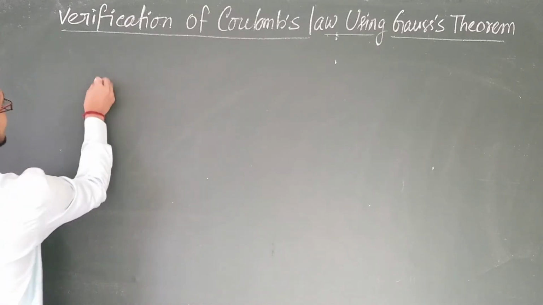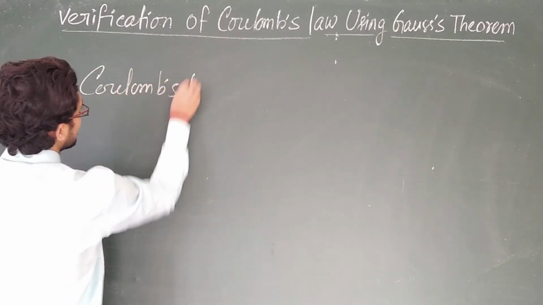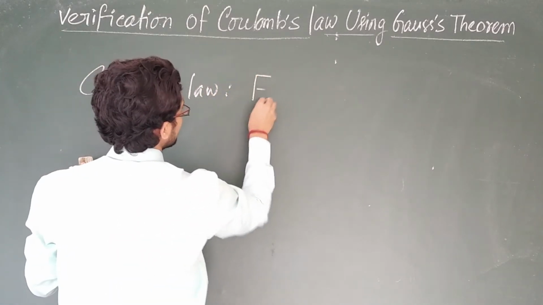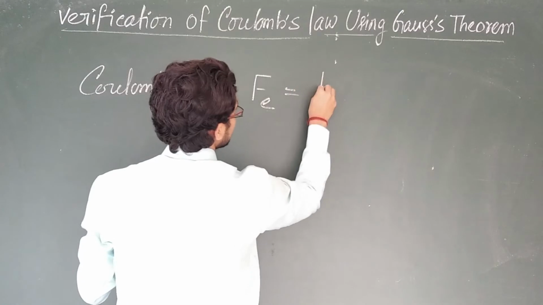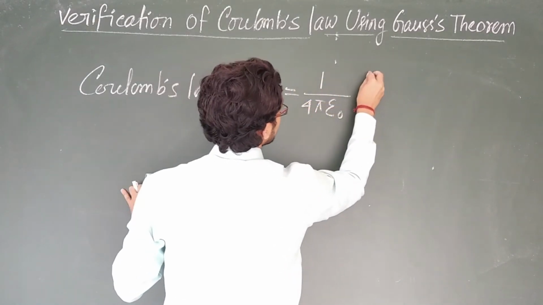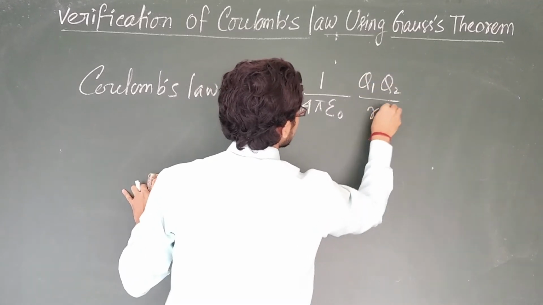I'm writing it here. Coulomb's law is the force of interaction between two charges, the electrostatic force, that will be 1 by 4 pi epsilon 0 q1 q2 by r square.